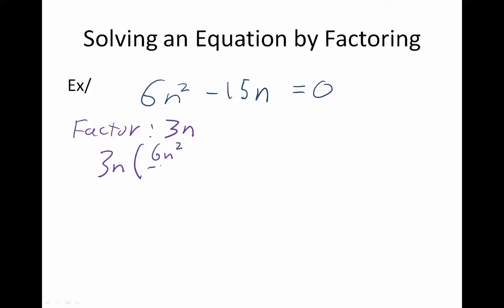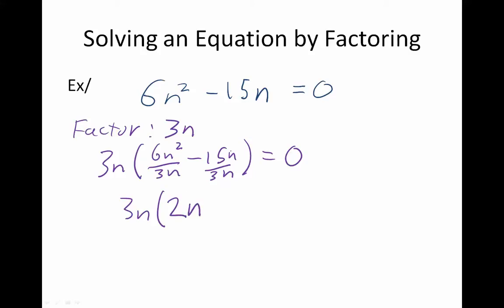And then I'm going to divide everything in here by 3n. And when I do that, 6 divided by 3 is 2. N squared divided by n is n. Minus 15 divided by 3 is 5. N divided by n is 1. So I'm left with this as my factored form.